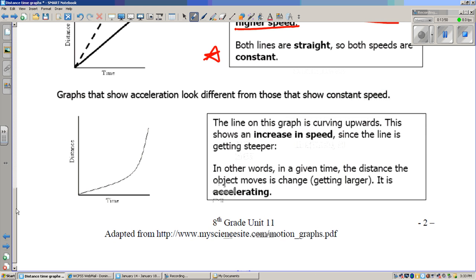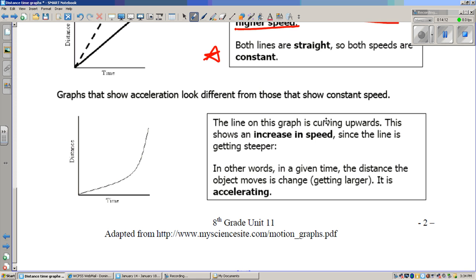All right, and then that last graph at the bottom shows what acceleration looks like, which is not constant and is a little more realistic, especially if we're talking in terms of cars, right? We start off a bit slower than when we really get going, say, on the highway.